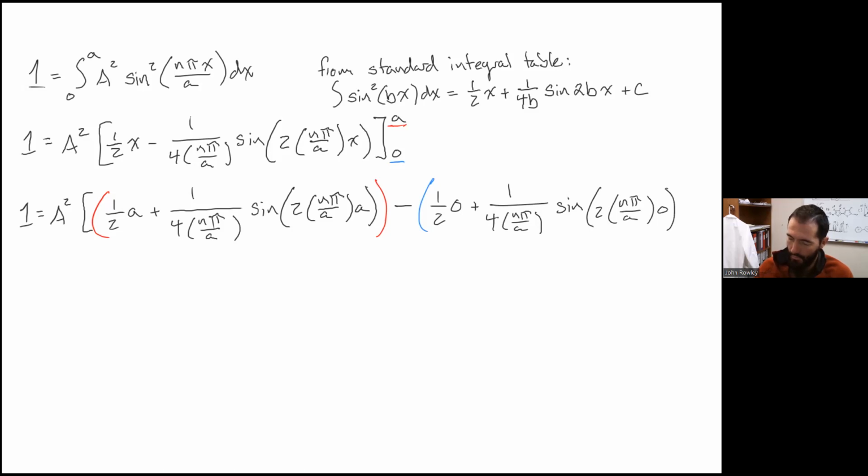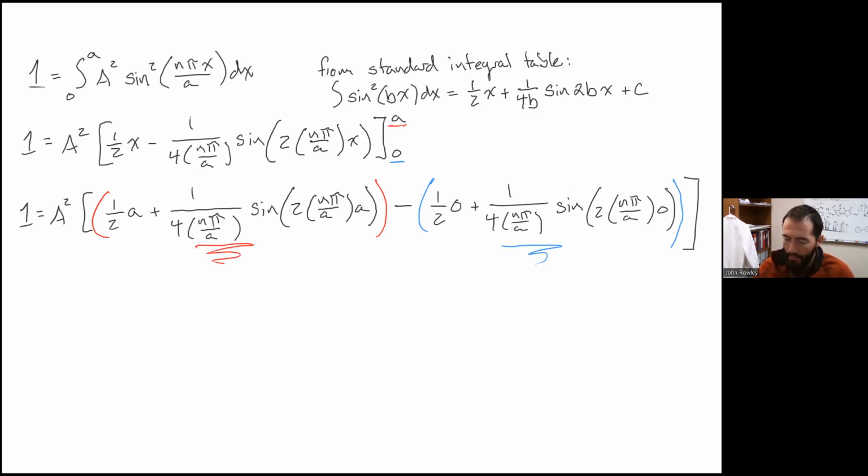And I'm going to close parentheses and put the square parentheses back. Notice that using the standard integral, we've simply written out our final minus our initial terms based on the domain over which we're integrating.